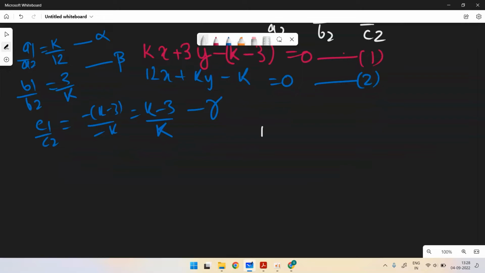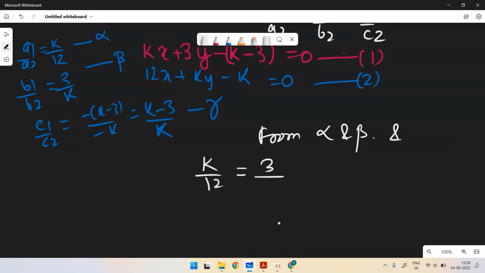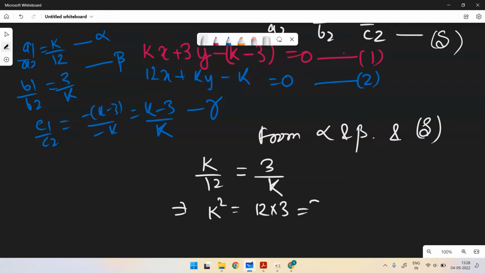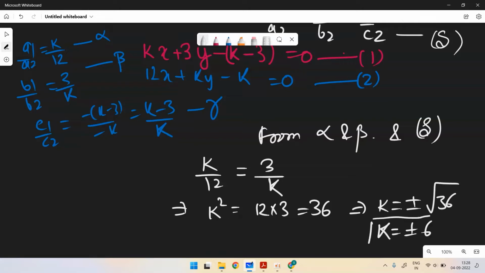From alpha and beta, this k by 12 should be equal to 3 by k, and this condition I'm writing to be delta, which implies k square equals 12 into 3, 36, so the value of k is plus minus under root 36, that is plus minus 6. But this may not be the correct answer. You have to find other values of k from other equations also.